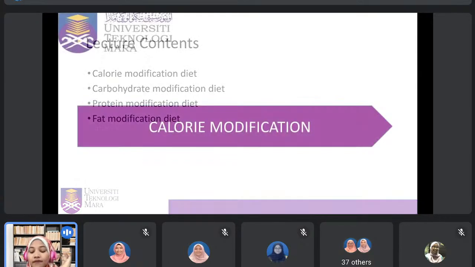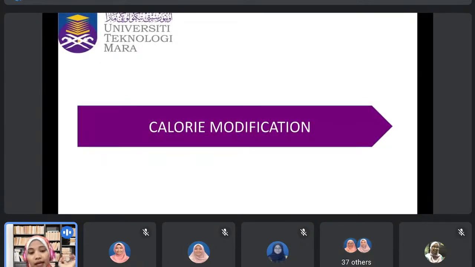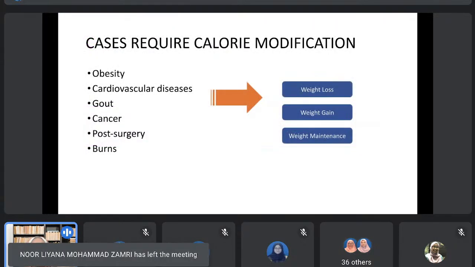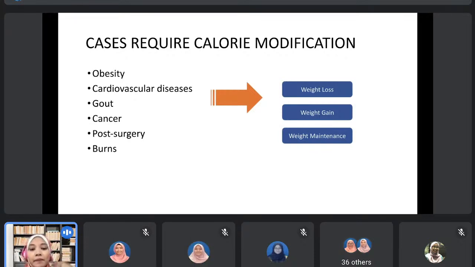Okay, and the first one we're going to go is the calorie modification. There are many cases that require calorie modifications, but mainly for three purposes: weight loss, weight gain, or weight maintenance. And the cases are like obesity, CVD, gout, cancer, post-surgery, and also burns.